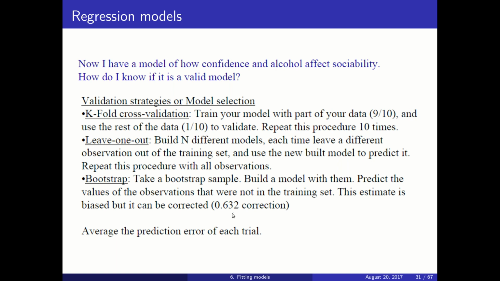Bootstrap is a similar thing to the other ones. We take a bootstrap sample. If we have n data points, we will have n data points as a random sample, but each point can be selected several times. So this is sampling with replacement.